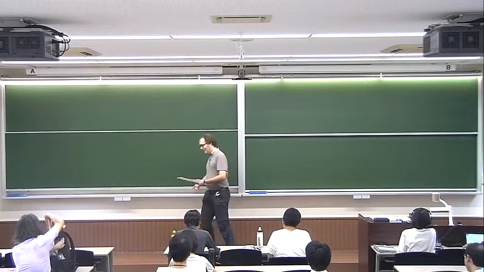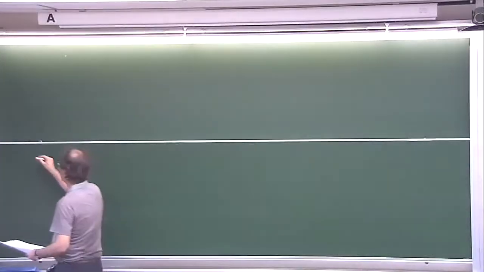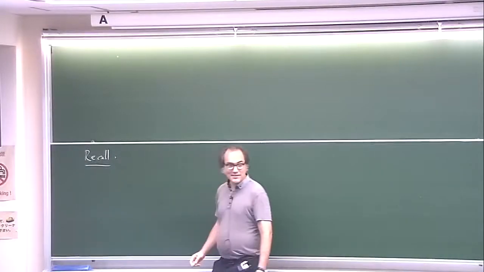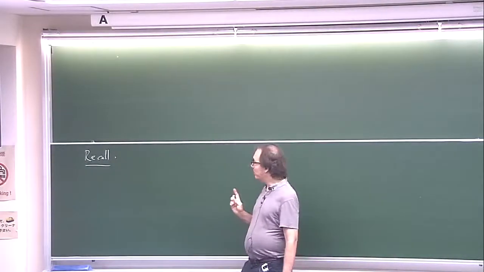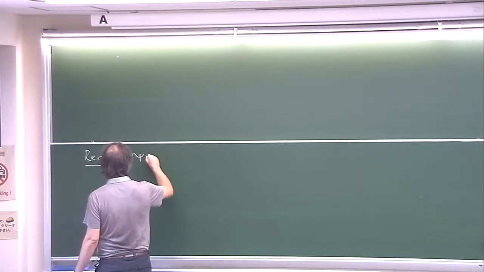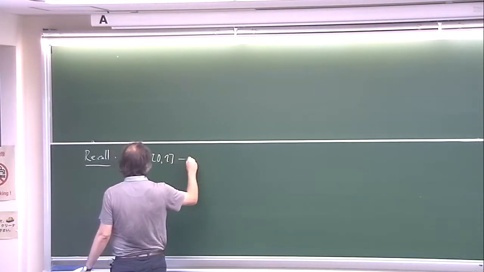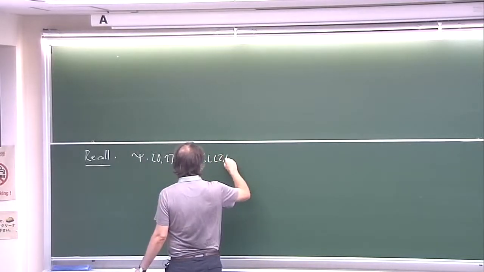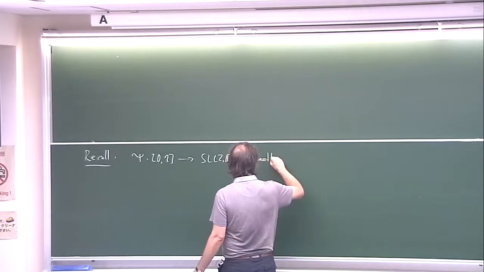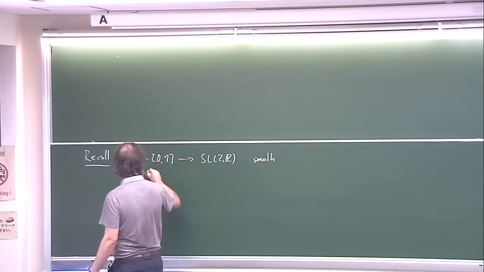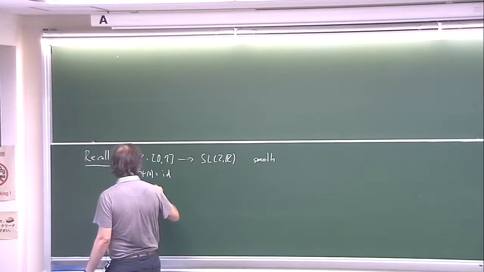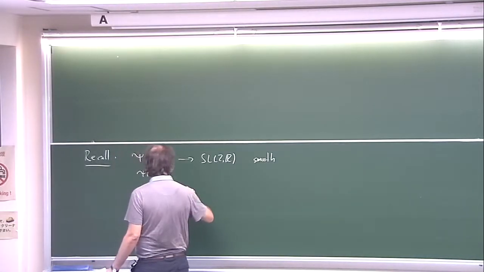So maybe recall, at the end of the last lecture we discussed the Conley-Zehnder index for two-dimensional symplectic matrices. So we have psi from [0,1] to SL(2,R), smooth, and psi(0) is the identity, and then we can also have psi dot equals J S psi.